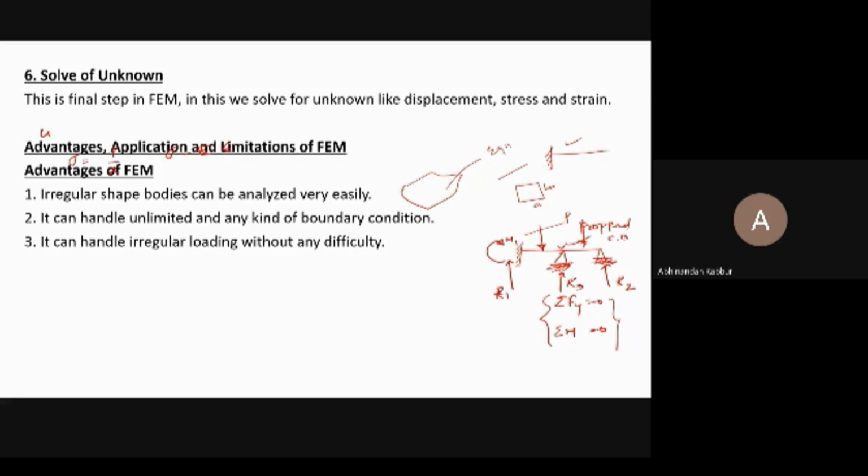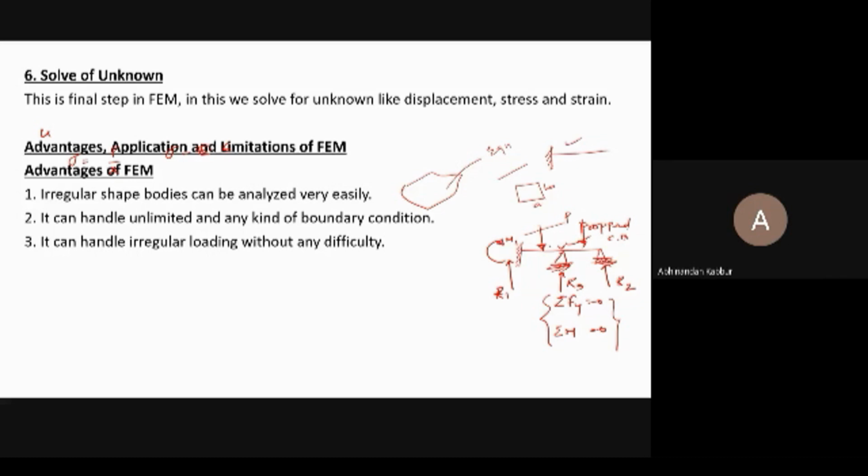If I want to solve using mechanics of material, it is not possible because I have only 2 equations but 4 unknowns. But that can be done using FEM. Therefore, any kind of boundary condition can be handled using FEM. Then it can handle irregular loading without any difficulty.